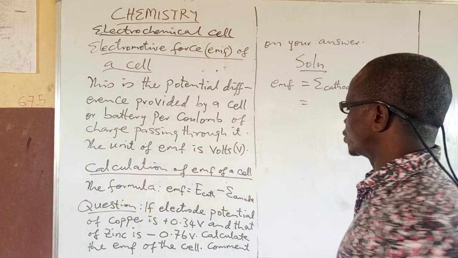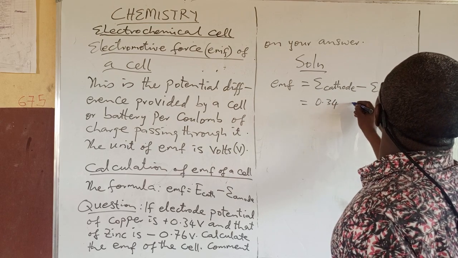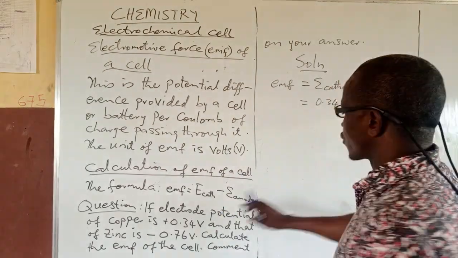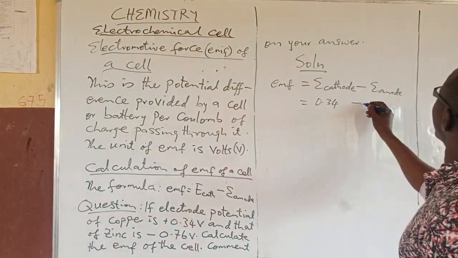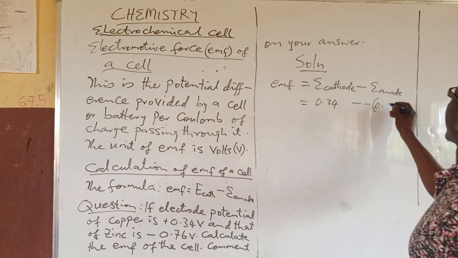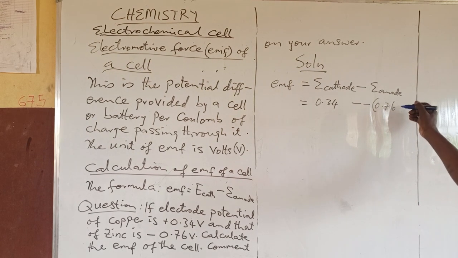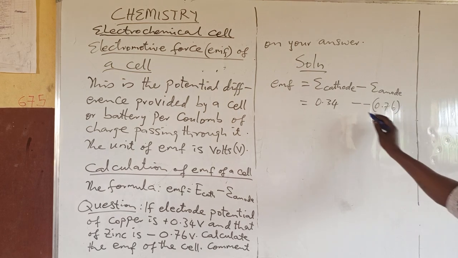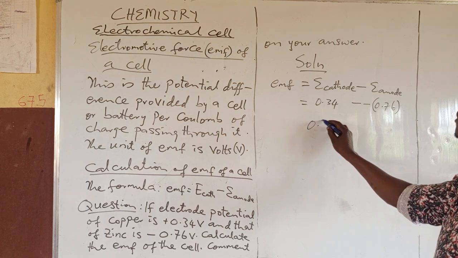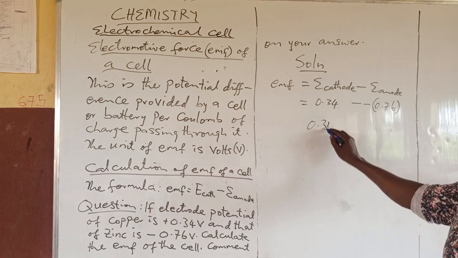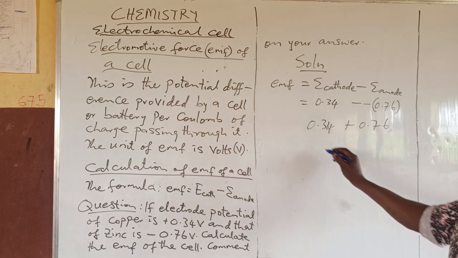This will be equal to 0.34 minus, that minus is from the formula, remember this one also comes with its own sign, minus 0.76. So minus times minus gives you plus. So you have 0.34 plus 0.76.